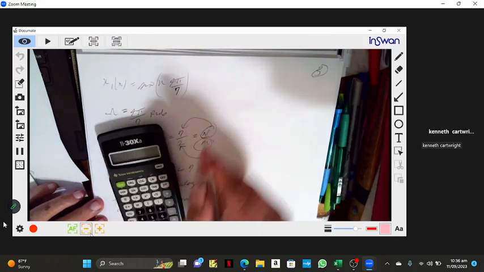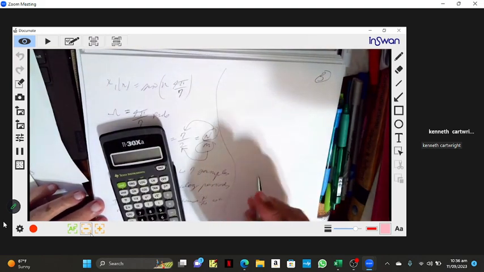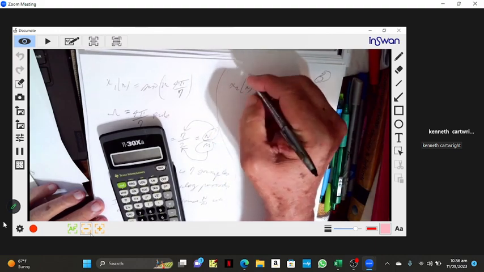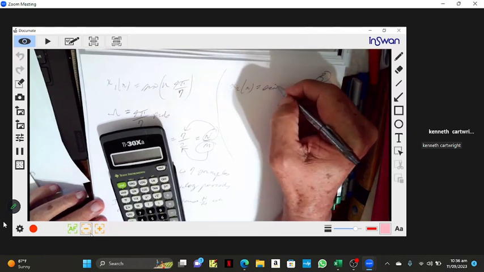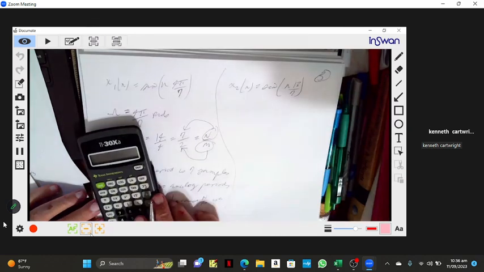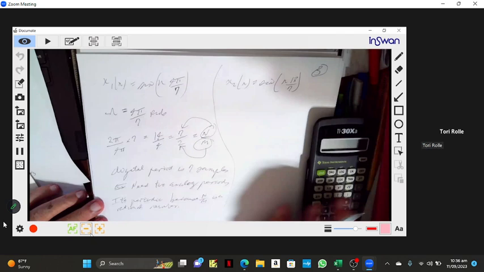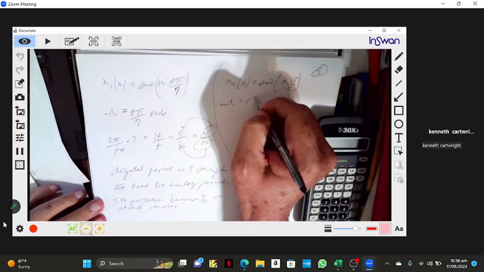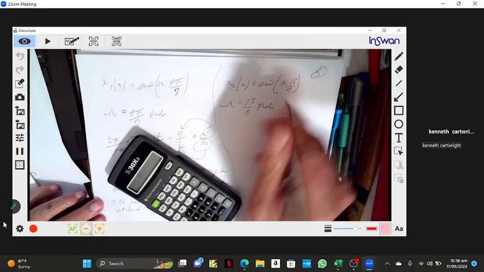Let's take the one on the right now. This x2 of n equals sine of 13/7 n. What's the digital frequency? 13/7. Okay, digital frequency is 13/7 radians. I don't know why you're not giving me units.